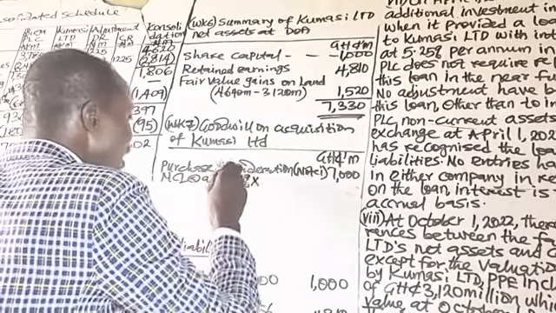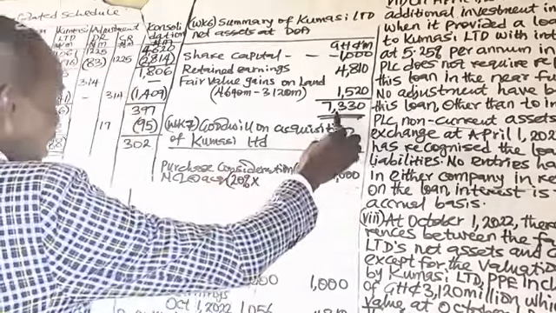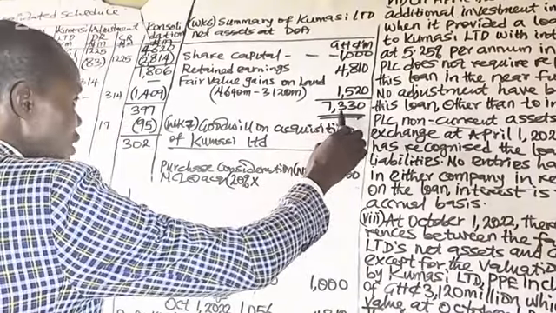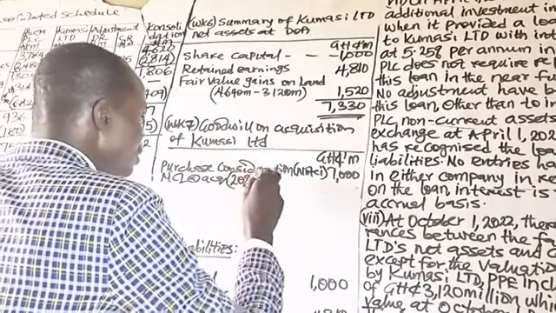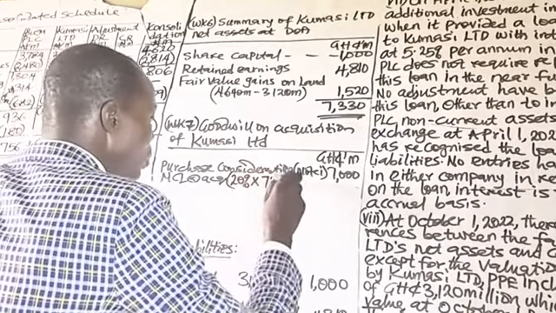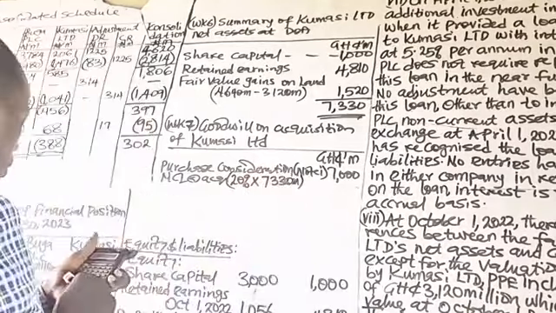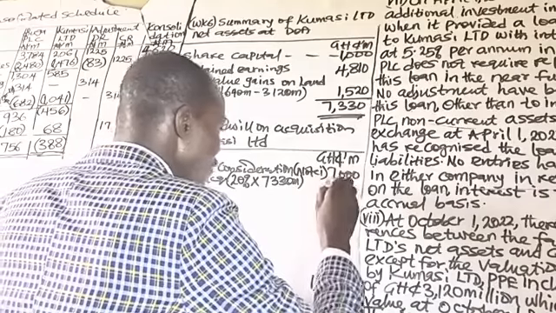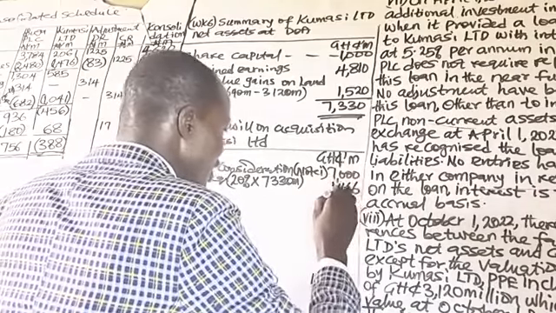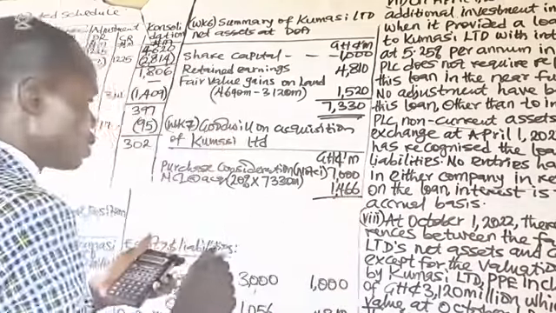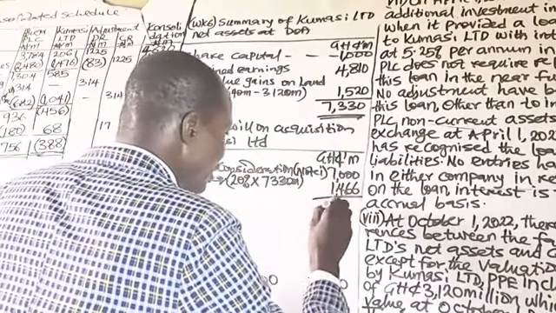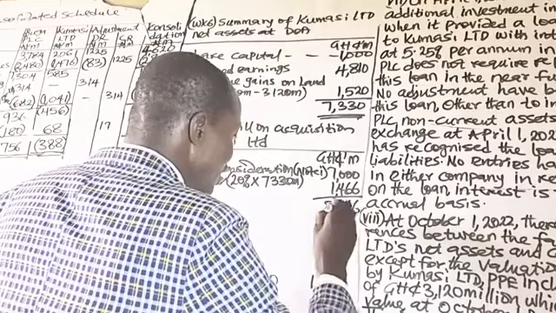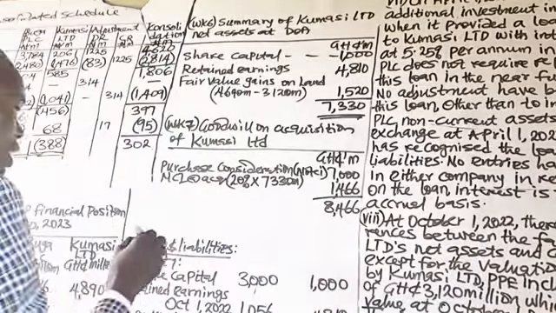So we have 20% of Kumasi net asset on acquisition, which is 7330 million. So the 20% of that is 1466. Then if you add it to 7,000, that will be 8466.